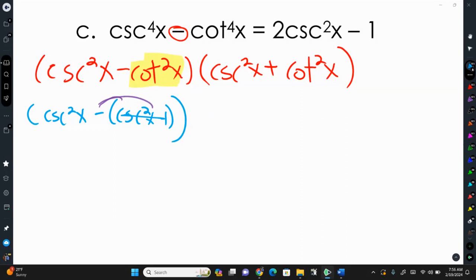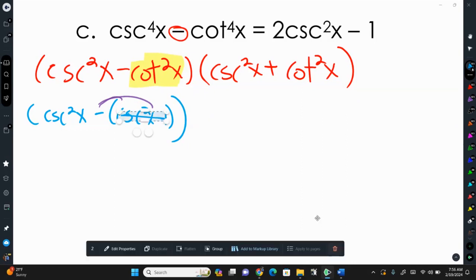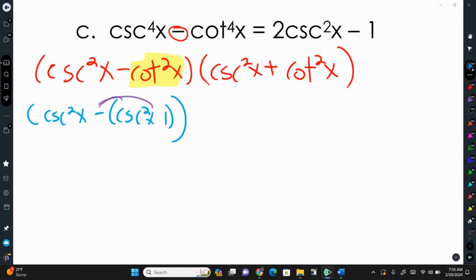Now I'm going to change the other one. So then I have cosecant squared x plus cosecant squared x minus 1. So first I'm going to distribute that negative.